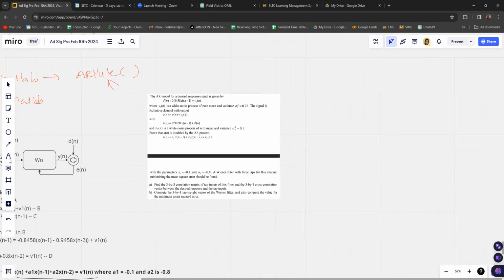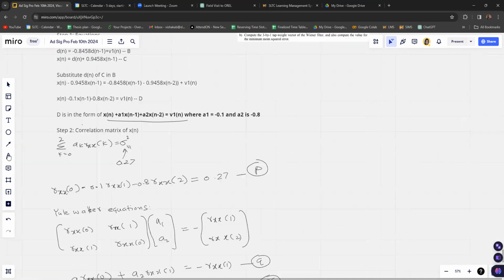Next is to compute the 3x1 tap weight vector of the Wiener filter. The second thing is that we have to find the cross correlation vector between the desired response and the tap inputs.